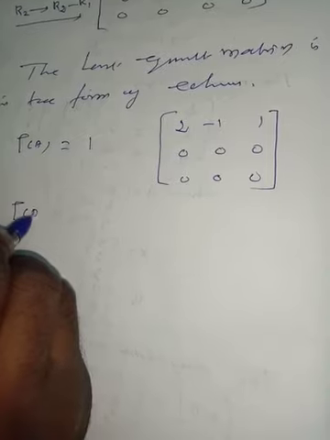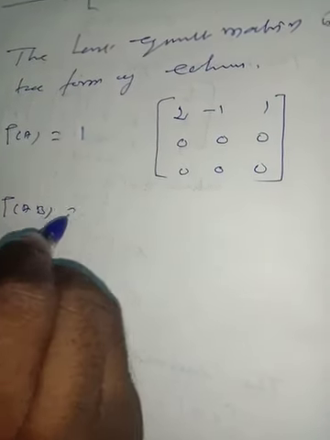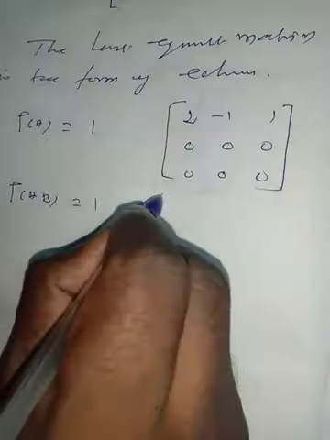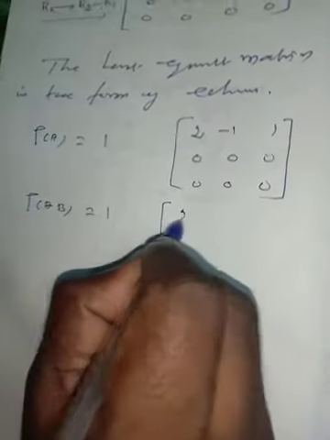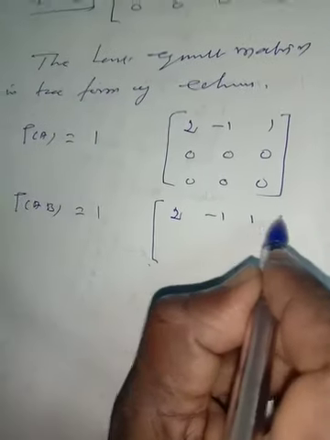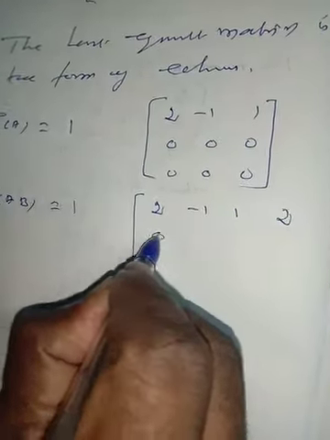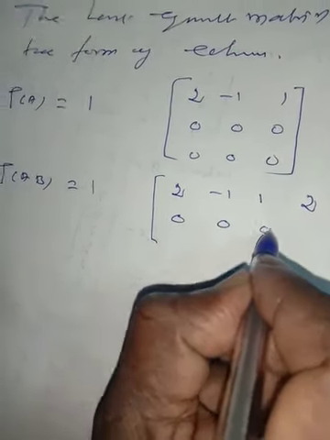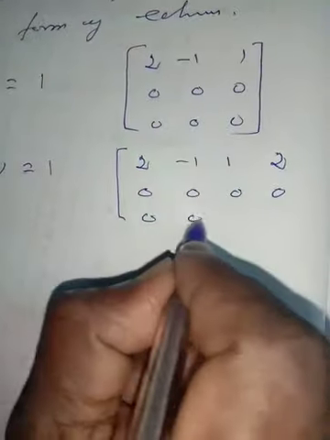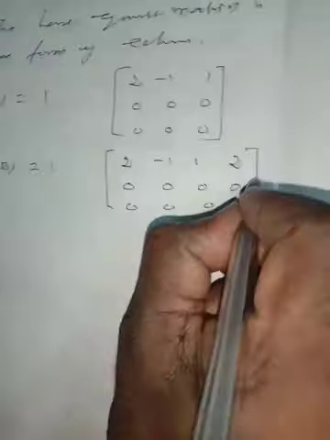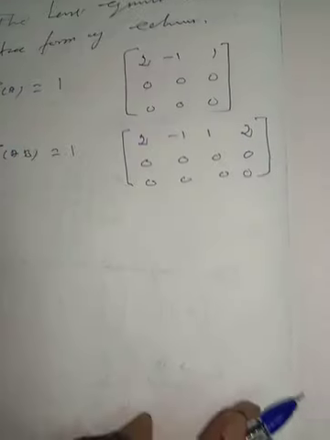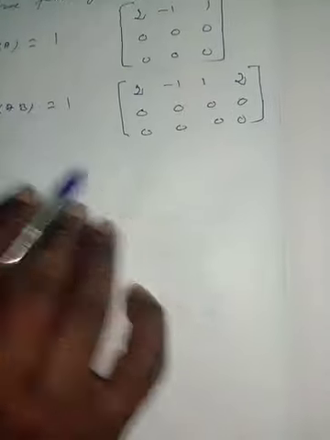Rank of AB is equal to again 1. Why? Take 2 minus 1, 1, 2, 0 0 0 0, 0 0 0 0. Here number of non-zero rows again only 1. Therefore, rank of AB is equal to 1.